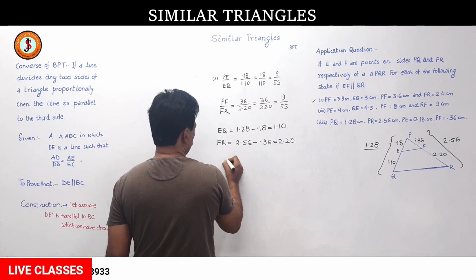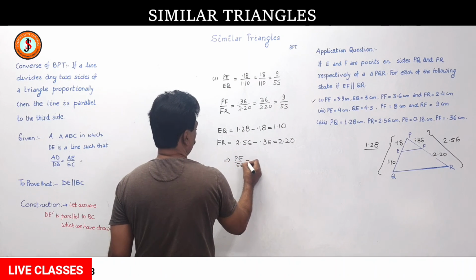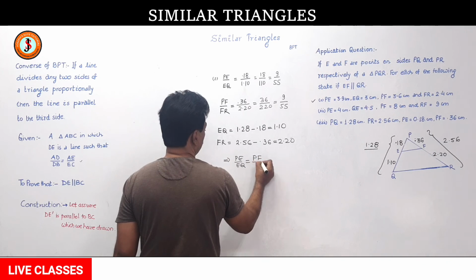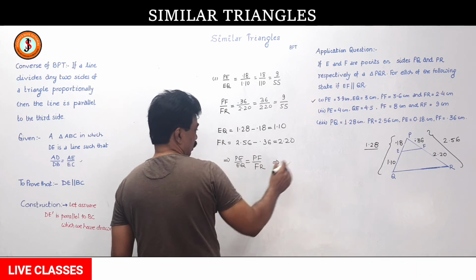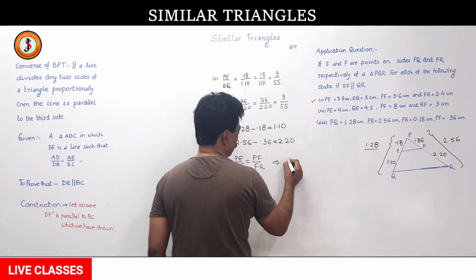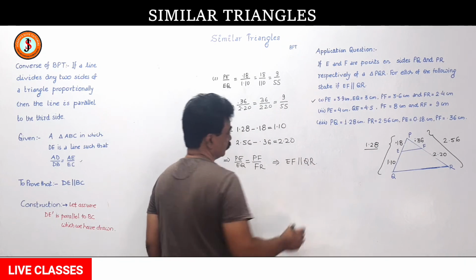We are getting PE by EQ is equal to 9 by 55, which is equal to PF by FR. This implies that the lines are divided proportionally, that means EF is parallel to QR.